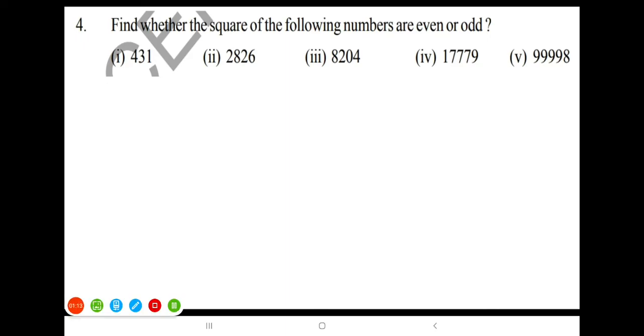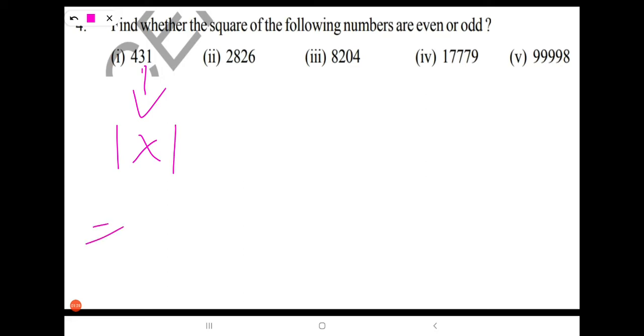Let's see, what is the square of 431? Here we don't need to find the square of 431. We just need to take the units place digit of 431, that is 1, and multiply with 1 again. We got 1. So the units place digit of the square is 1. From this we can say directly the square of 431 ends with 1.